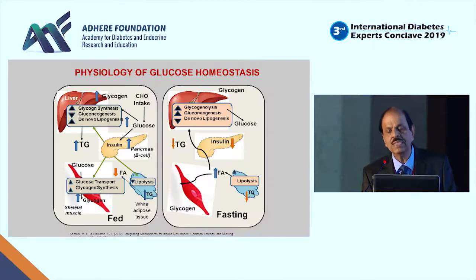manifestations. So let's come back to the physiology, and we'll start my talk now on the pathophysiology of non-alcoholic fatty liver disease. Now this is how you see it in a fed state. As soon as you eat food, the glucose comes inside, that stimulates the release of insulin. And insulin takes the glucose into various sensitive cells.